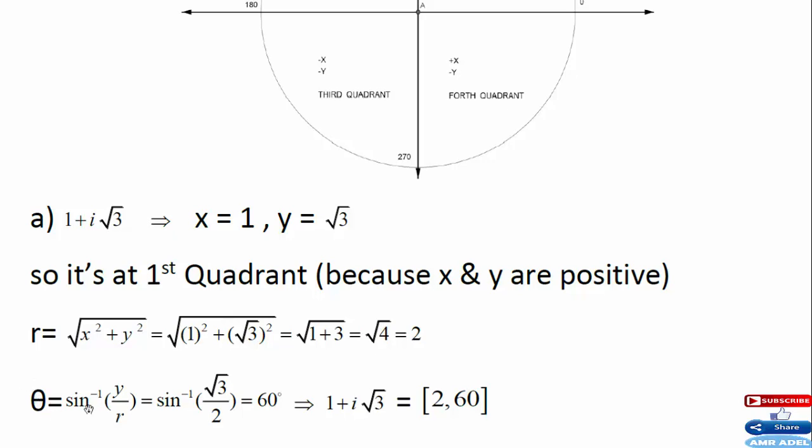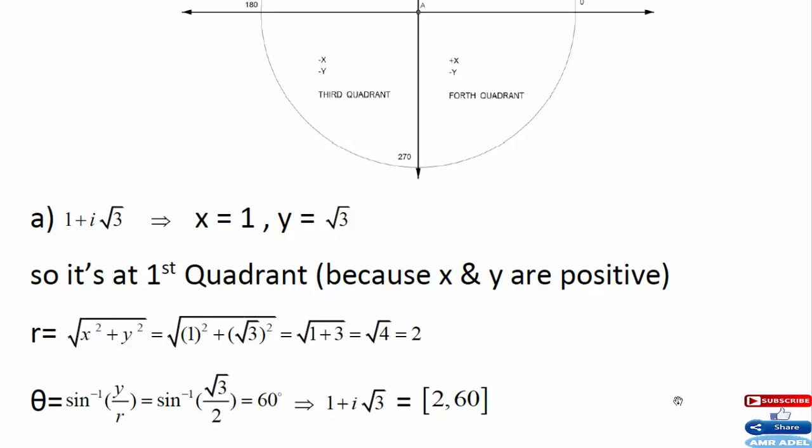The angle equals sine inverse of the imaginary part, which is y, over r, which is root 3 over 2. We found r from here. What is the angle whose sine is root 3 over 2? If we think a little bit, we can understand it is 60. So here r is 2 and the angle is 60.